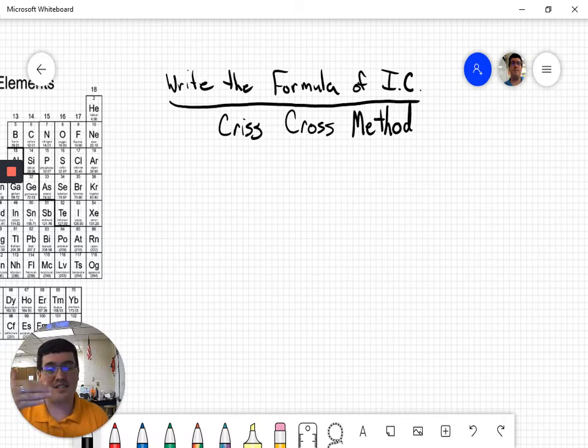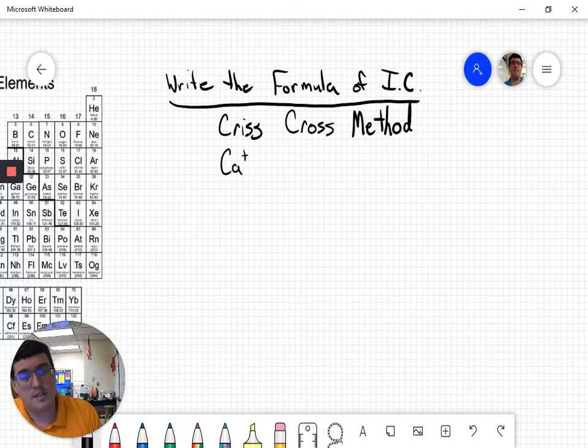And what this does, this will tell us, for example, if I have two ions, we're going to use, for example, calcium, Ca +2, and chloride, Cl. Chloride is not Ca. How could it be Ca?